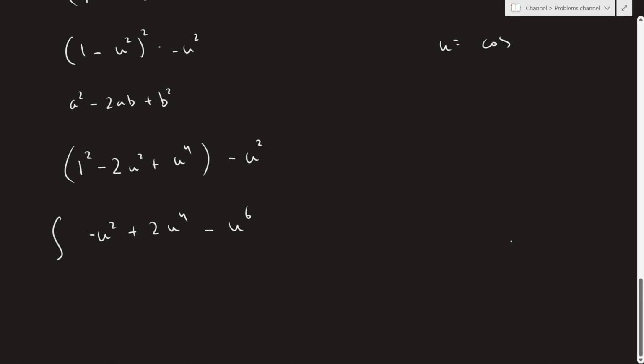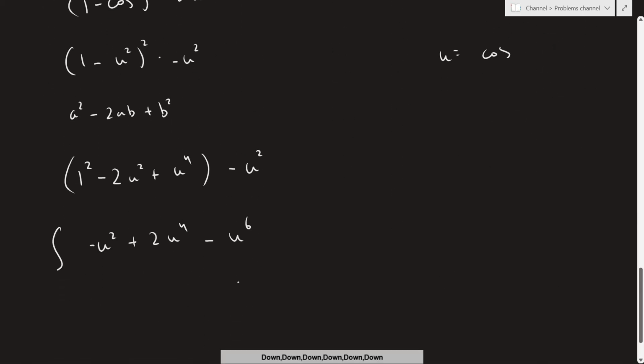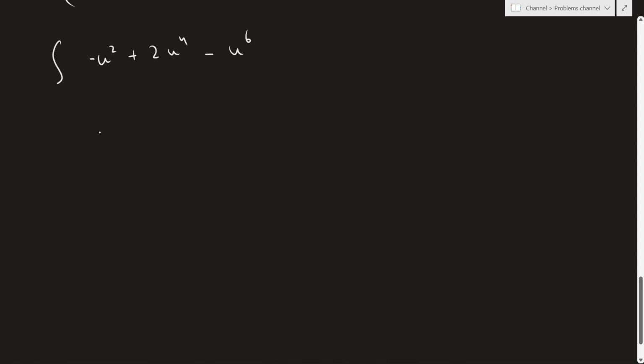Great. Don't forget the integral here from the very beginning. Okay, great. We are on the edge now. So negative u squared, the integral is negative u power 3 over 3. And the integral of 2u power 4 is 2u power 5 over 5. And finally, u power 7 over 7.